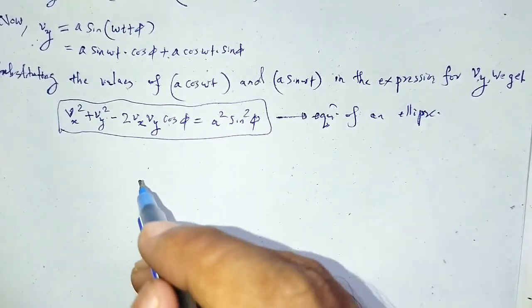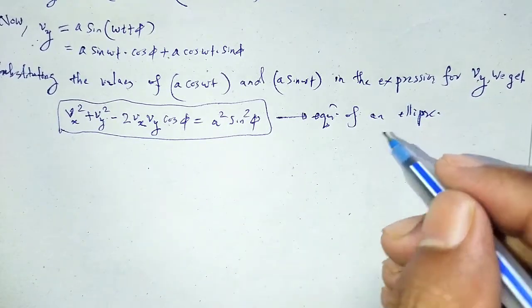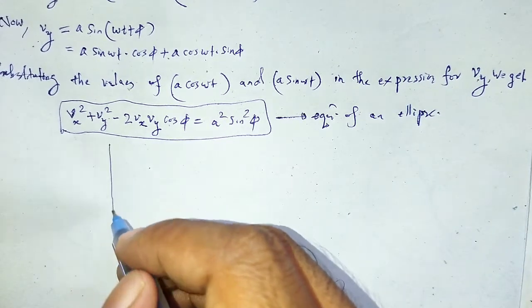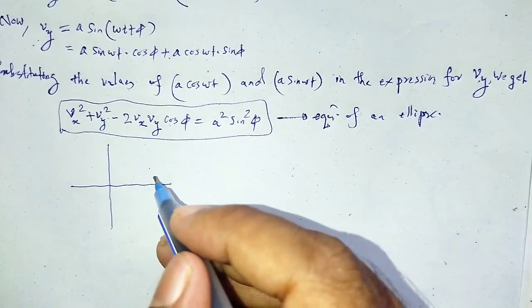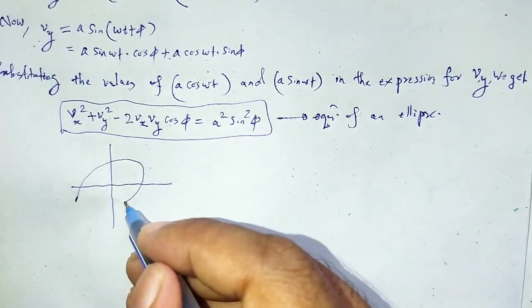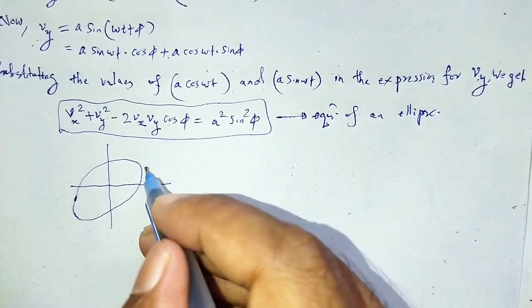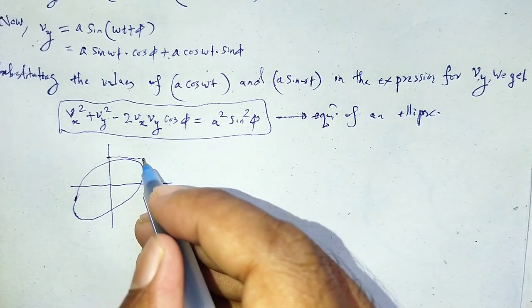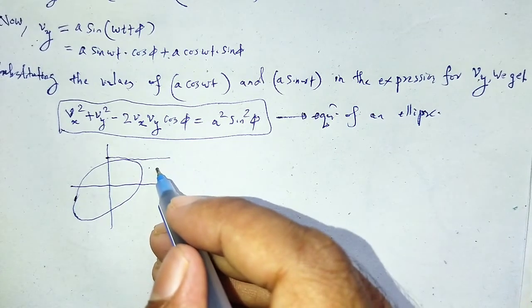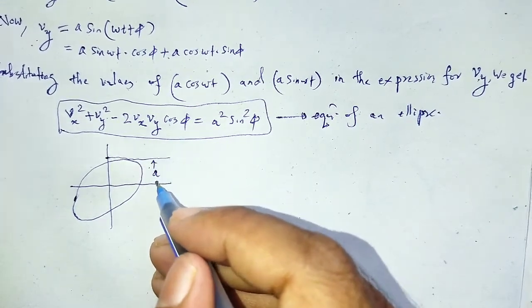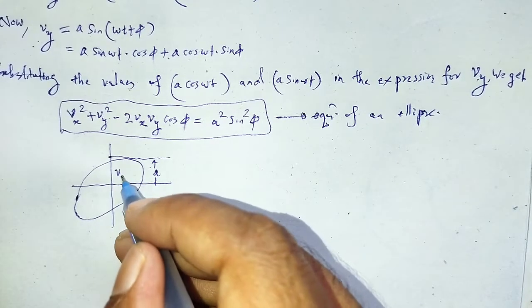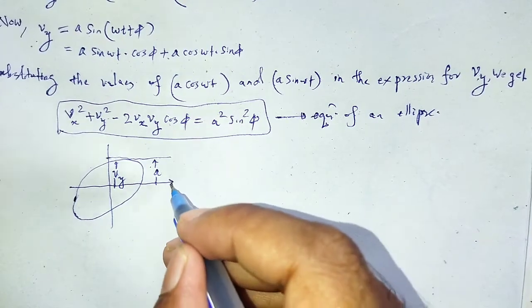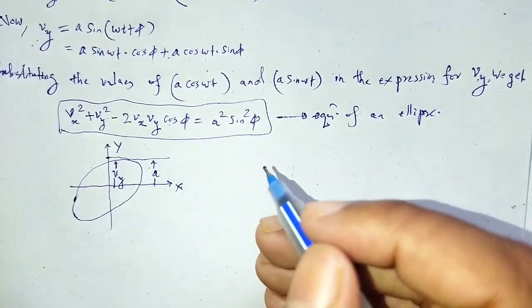That ellipse is obtained on the screen. We obtain the ellipse just like this. Here is a, this is Vy, the vertical potential, x axis, y axis.